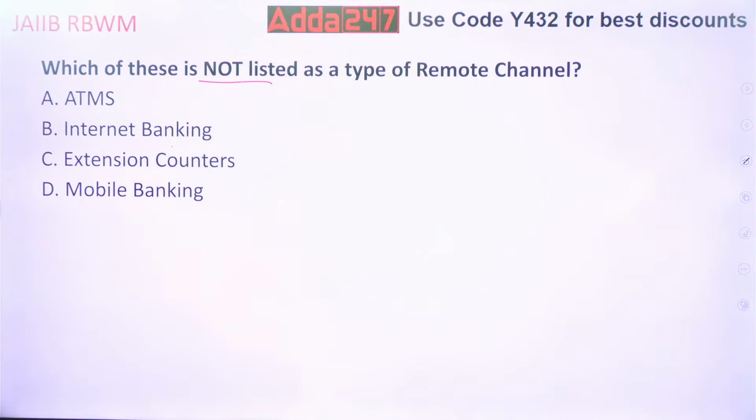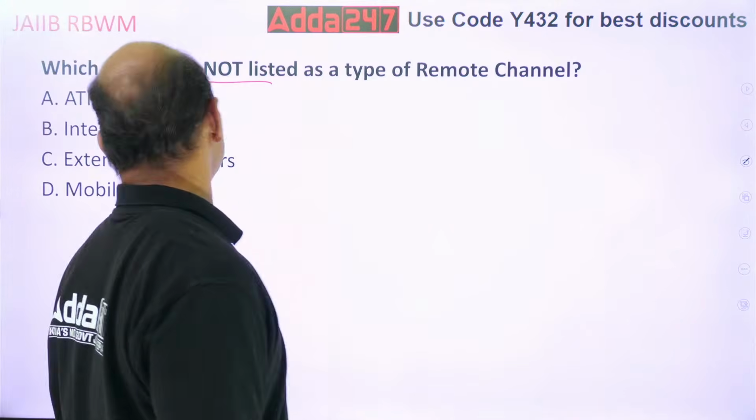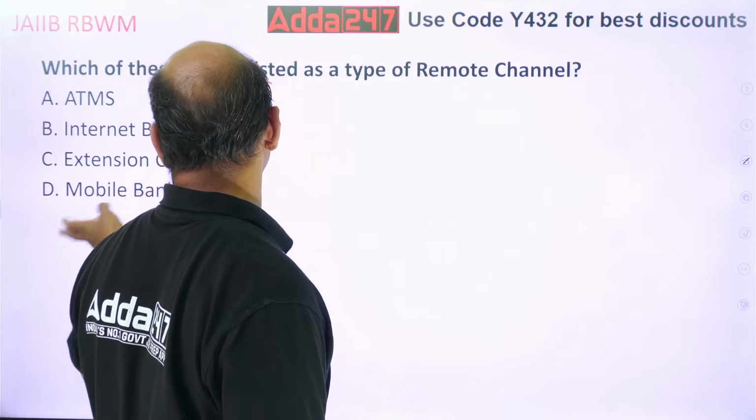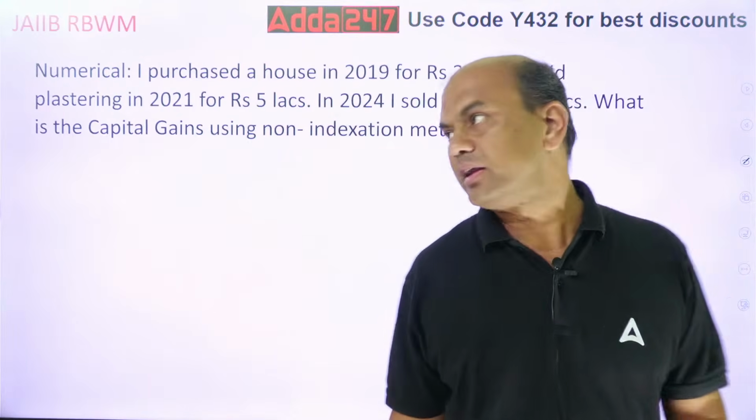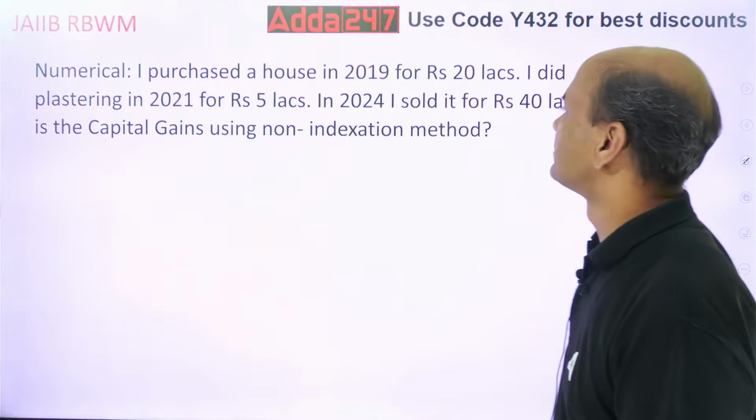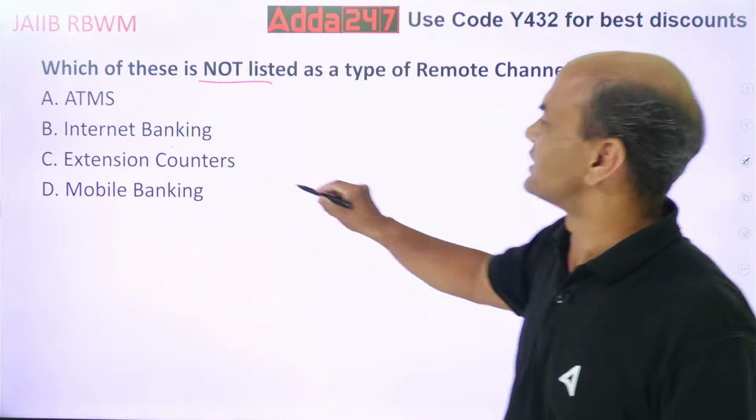ATM, internet, mobile, yes. So it is obviously extension counter, right? Extension counter. This extension counter is the answer.